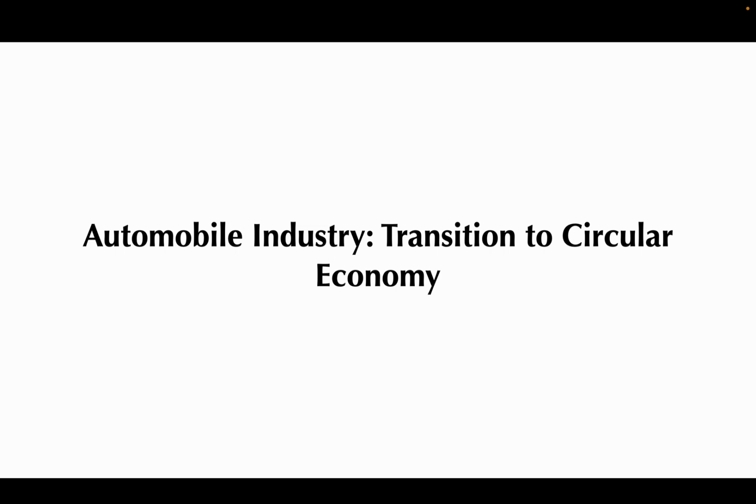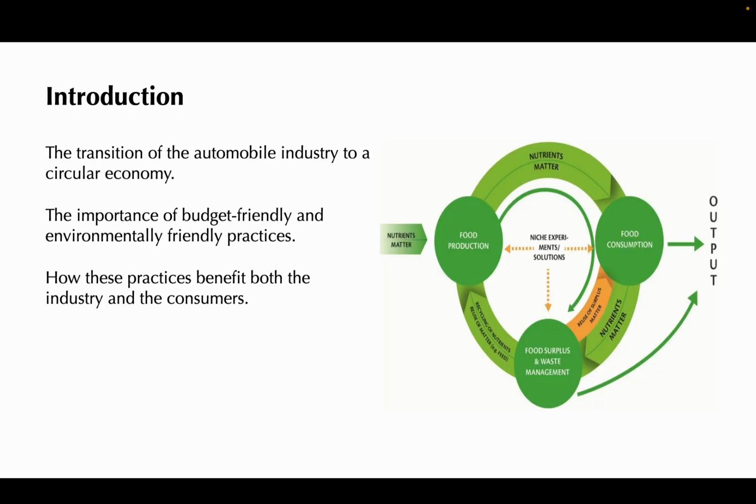So moving on to the first slide. Introduction: the transition of the automobile industry to a circular economy. As you can see in this diagram, niche experimental solutions go to food production, food consumption, food surplus and waste management. Now this is a circular outlook to the entire situation.